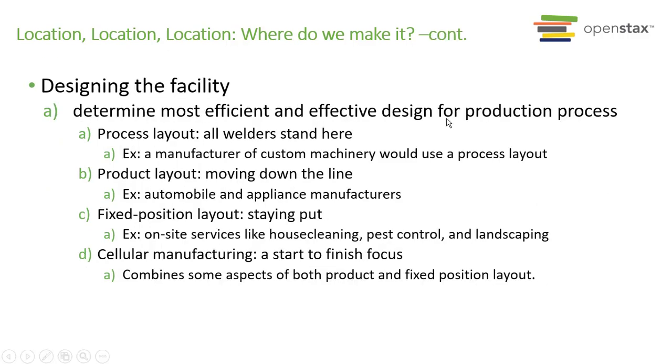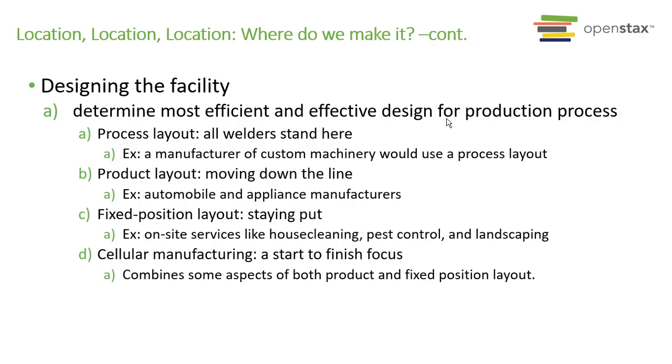Designing the facility is where it gets interesting. The way the footprint, the layout of the facility, is going to be really critical for lots of reasons. Efficiency, quality, and flexibility even, and of course cost, are all going to go into this. So the process layout, all welders stand there.